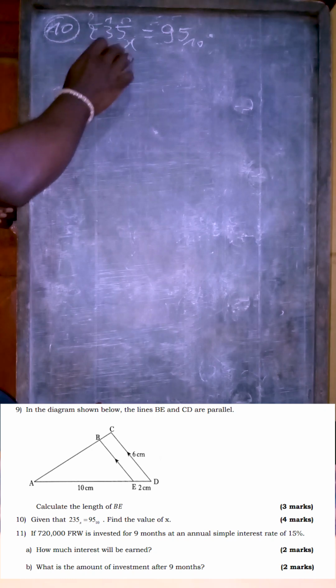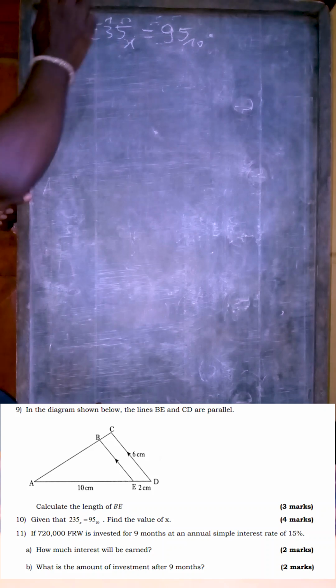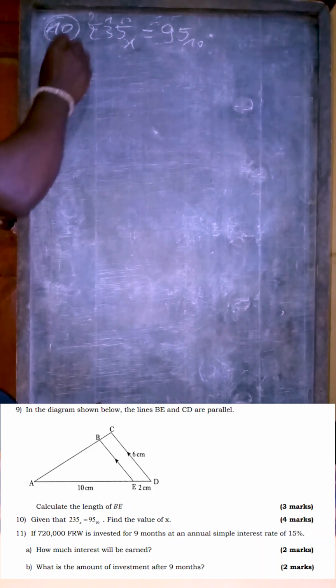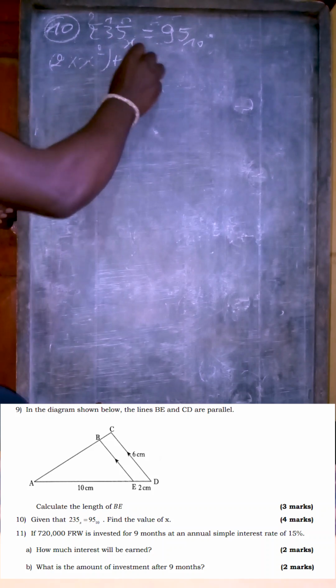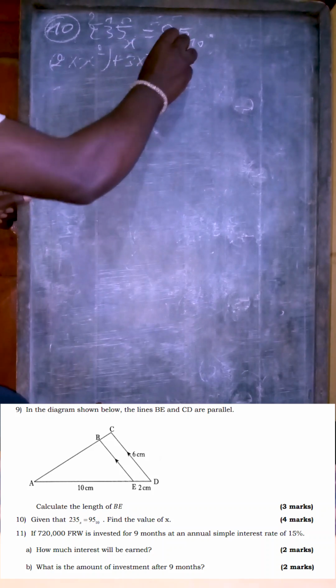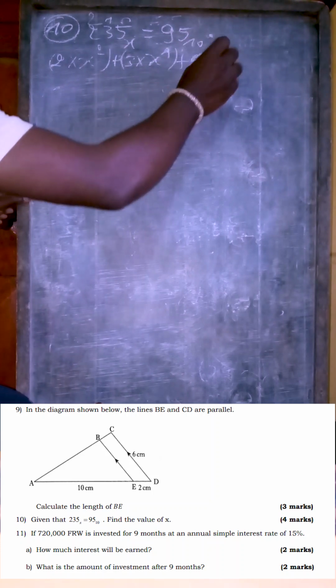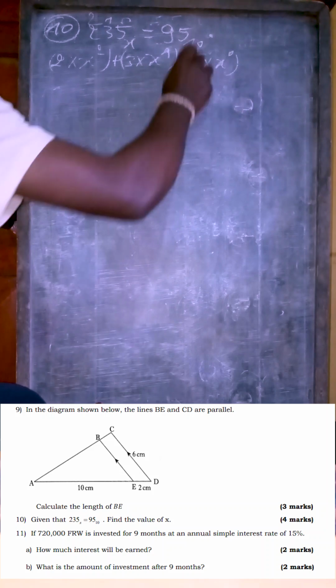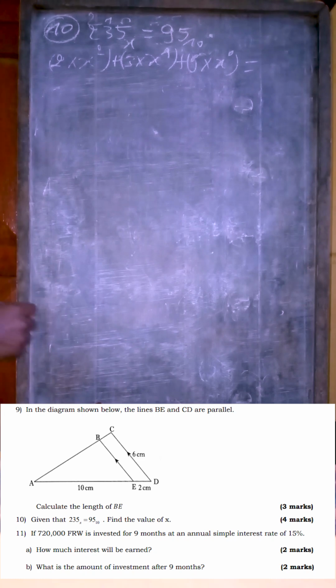Then take each digit to be multiplied with the base power according to its position. It will be 2 times x power 2 plus 3 times x power 1 plus 5 times x power 0, and this is equal to 95. 95 in base 10, you know that all numbers we deal with, for example in primary, are in base 10.